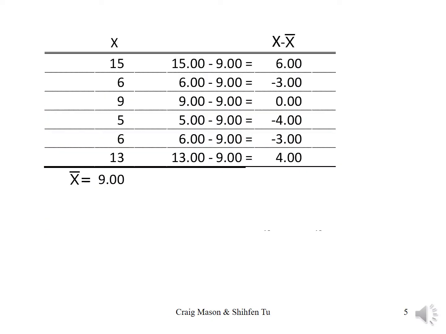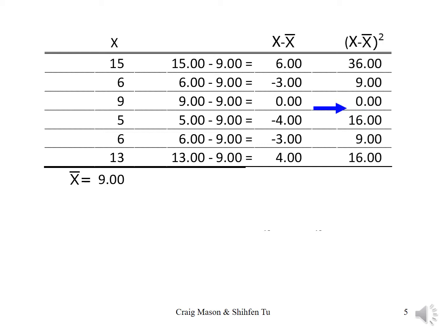We know that if we just add these up, they'll sum to 0. The sum of the deviations from the mean always sums to 0 because the positive and negative values always cancel out. So we have to square these values to get rid of the negatives. That gives us 36, 9, 0, 16, 9, and 16.